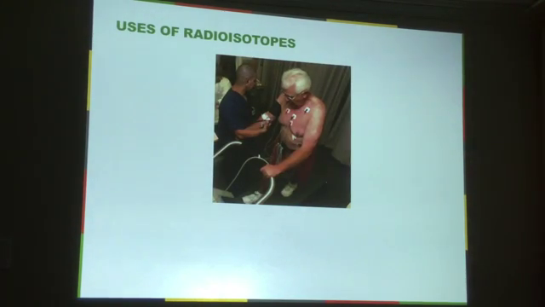With that, let's move now to some various uses of radioactive isotopes. This is a fellow that's getting ready to undergo a stress test. And this is when we use a radioactive isotope as a tracer.